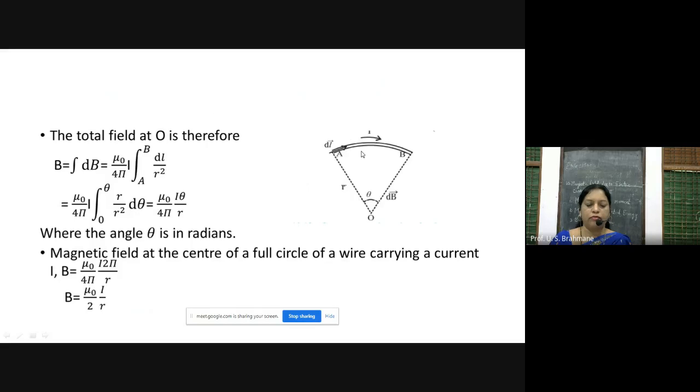First we considered the arc, and then we got it for the loop, where we have taken theta equal to the whole angle, that is theta is equal to 2 pi. So this is regarding today's lecture, and whatever difficulties you have, you may ask us, and in the next lectures we will solve problems also. Once your theory is perfect, you can solve any type of problem.